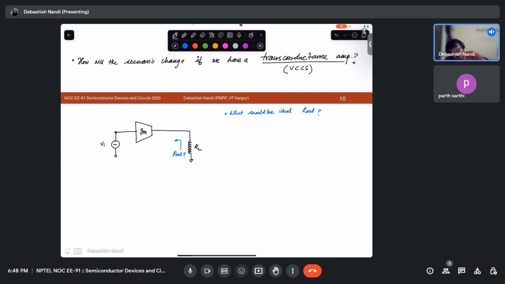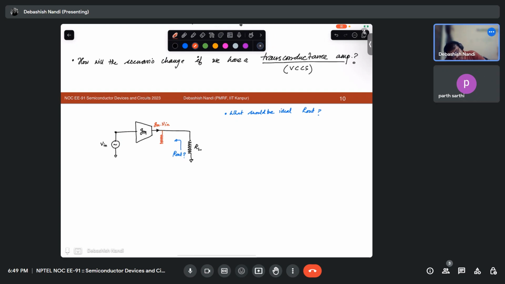So this is your V input, right? And what is the output of the amplifier? V input into GM. GM into V in. So we need this entire current to flow into RL, right?